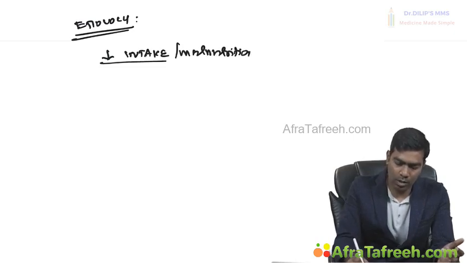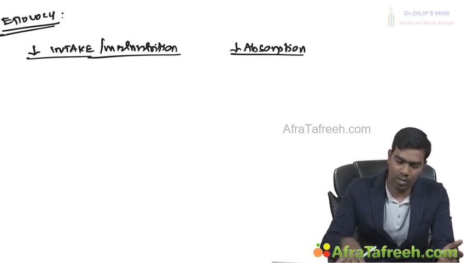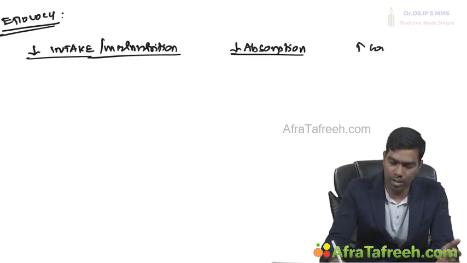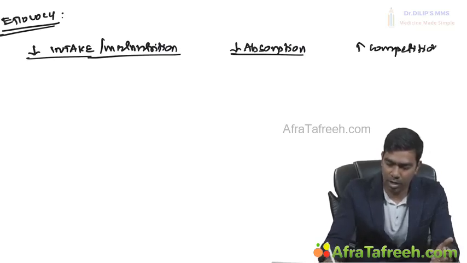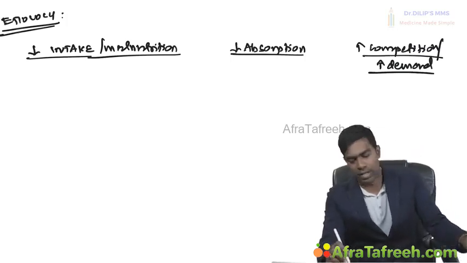The second one is reduced absorption of B12. And the third one is increased competition, or you can put it under increased demand scenarios. So these are the three areas where you can get a proper B12 deficiency.